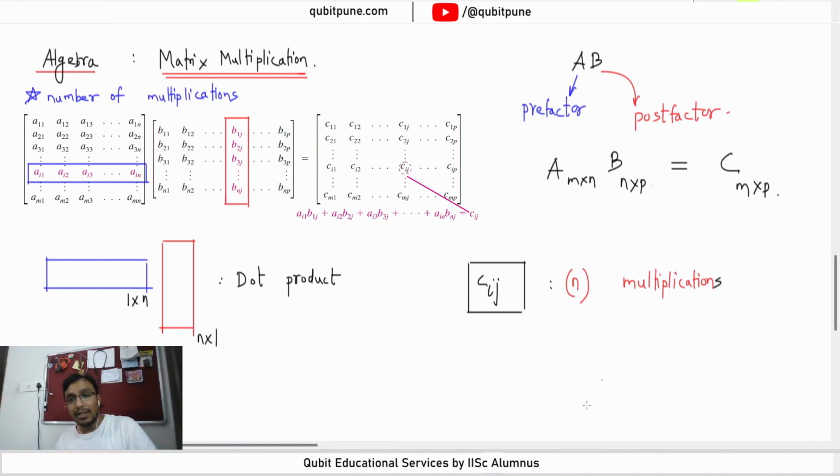So what is the total number of multiplications that we do? I'm considering repetitions, but what is the total number of multiplications? It will be MNP. The total number of multiplications is equal to the number of multiplications you do to get one element, times the total number of elements that you have.